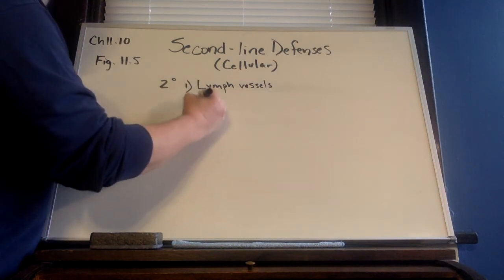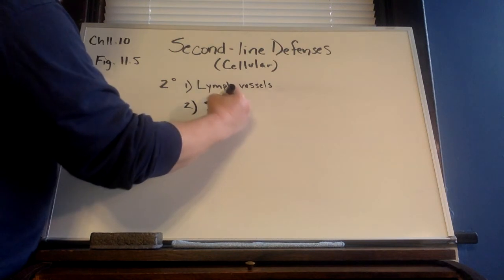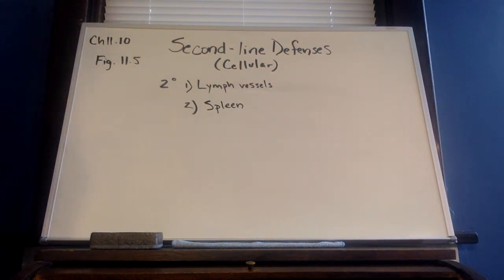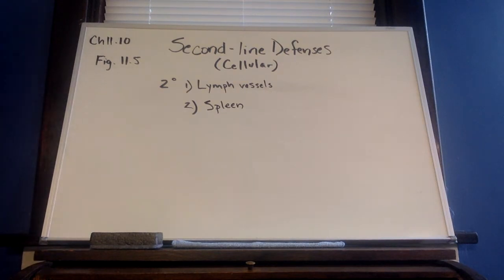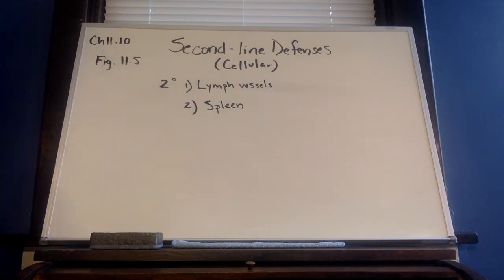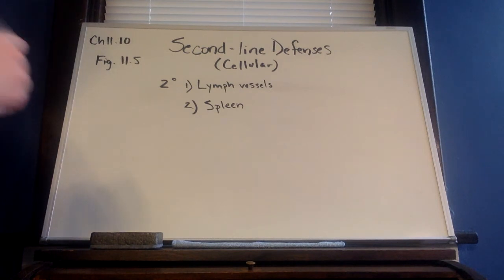Along the way in our journey, there's an organ called the spleen. This is on the left-hand side of your body. It's almost behind or right in the area of your kidney that's on the left-hand side. One of the few organs that you only have one of.